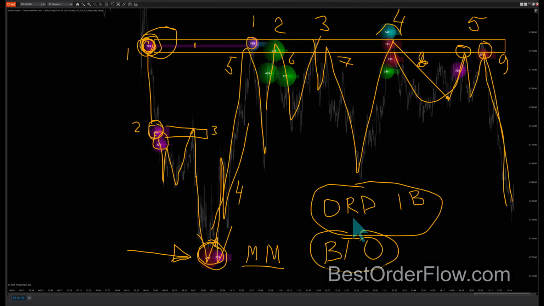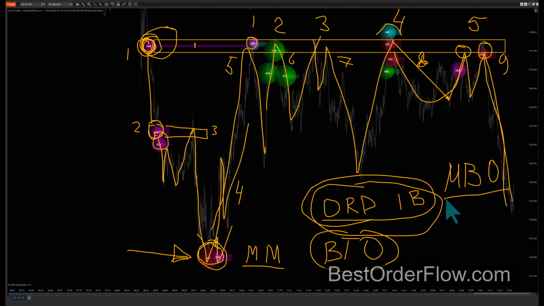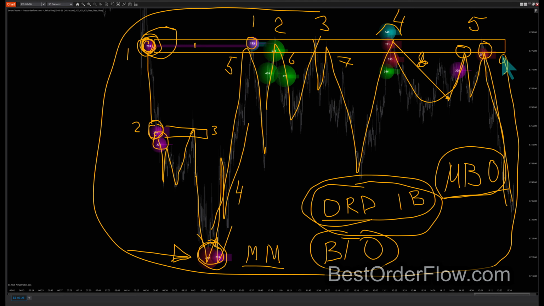But we have a new technology, and we built the smart trade indicator based on MBO data. We are the only one on the NinjaTrader platform that has an MBO engine and the capacity to build new types of indicators that incorporate the order ID in detection. And this is the key.